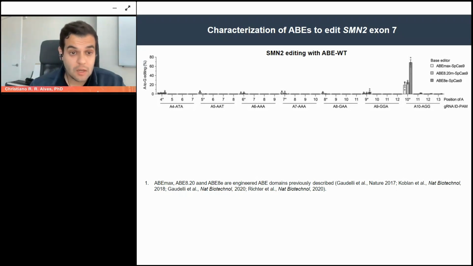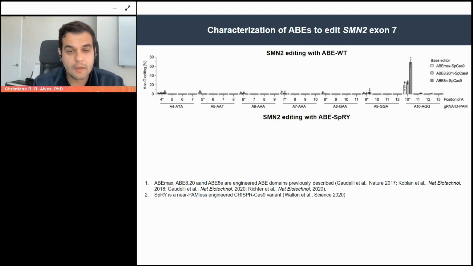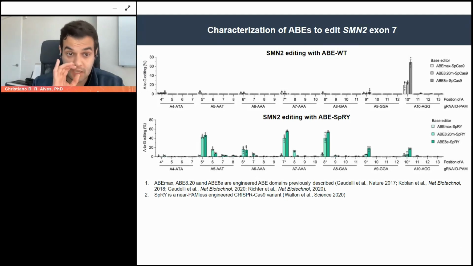We pretty much don't see editing across the other guides, as expected, because they are not NGG PAMs. However, when we look at the SpRY data, this variant that I just pointed out, we do see a lot of editing across different guides. This gives us the flexibility to use different positions and see which one is the best.